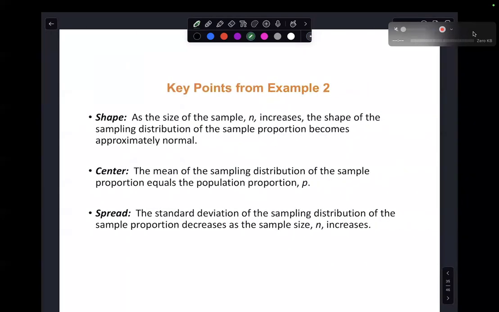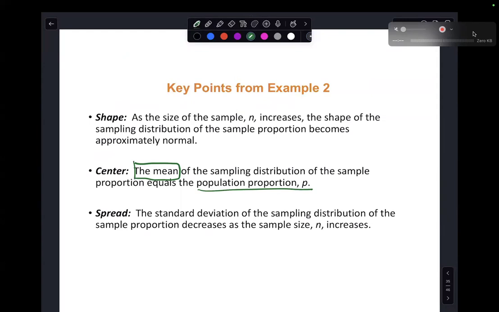All right. Here are a couple of key points. We just talked about this. As the sample size increases, the shape of the sampling distribution becomes approximately normal. Notice that our mean was the same as the population proportion. That 42%, our mean was 0.42.